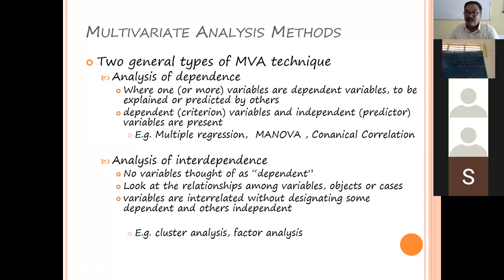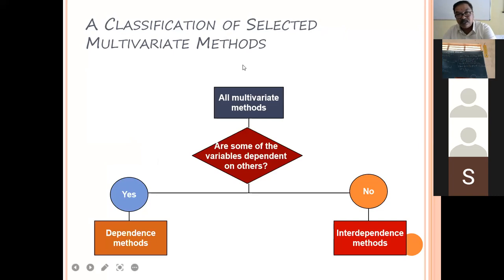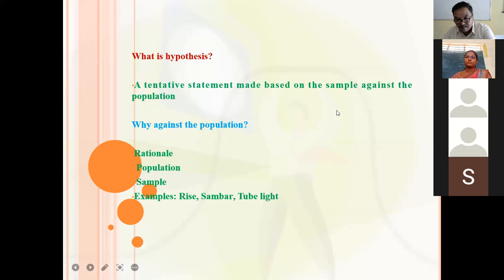Nowadays factor analysis and cluster analysis are becoming the most powerful tools. So this is again the same thing. If you say yes, some of the variables are dependent on others, then you go for dependence analysis. If you say no, then you go for interdependence analysis. A very simple way of thinking.